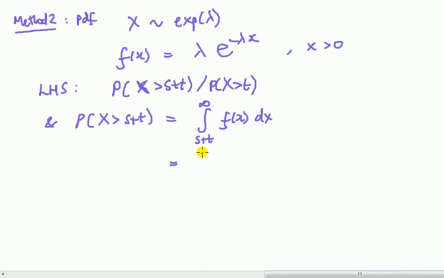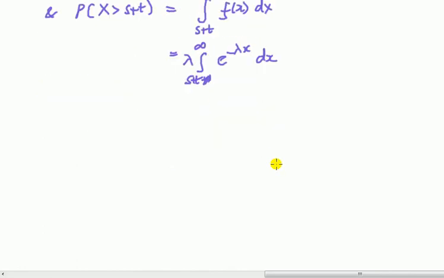Substitute this thing and calculate this integral from s plus t. Okay, so put this into here. You can see lambda comes out, e to the minus lambda x dx. At this point I know it involves integration, so I slow down because people are often fearful of it. So let's do it. Lambda is constant.